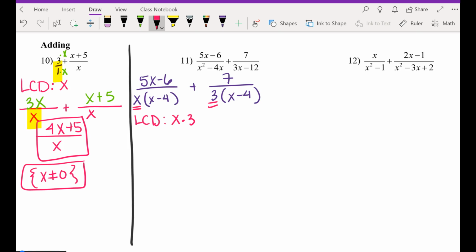But you have x minus 4 on the first denominator and another x minus 4 on the second denominator. Do we need to take them both? No, just one is plenty. So your lowest common denominator is 3x times the quantity of what? X minus 4.